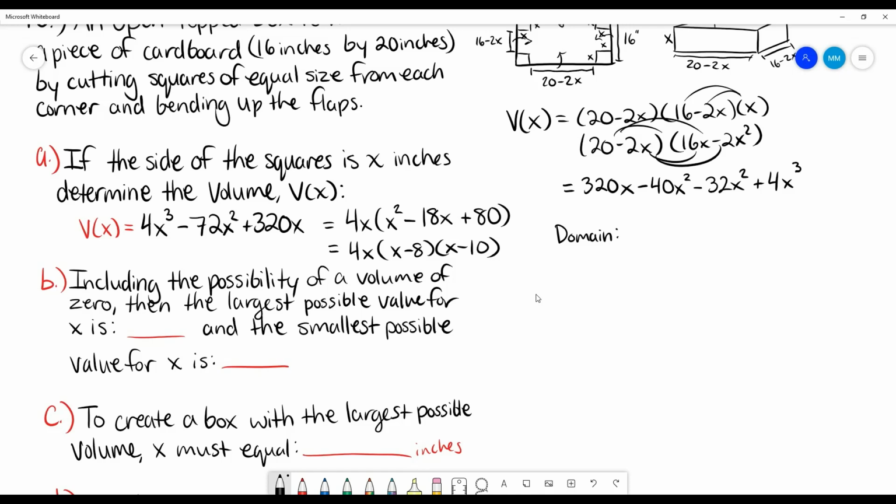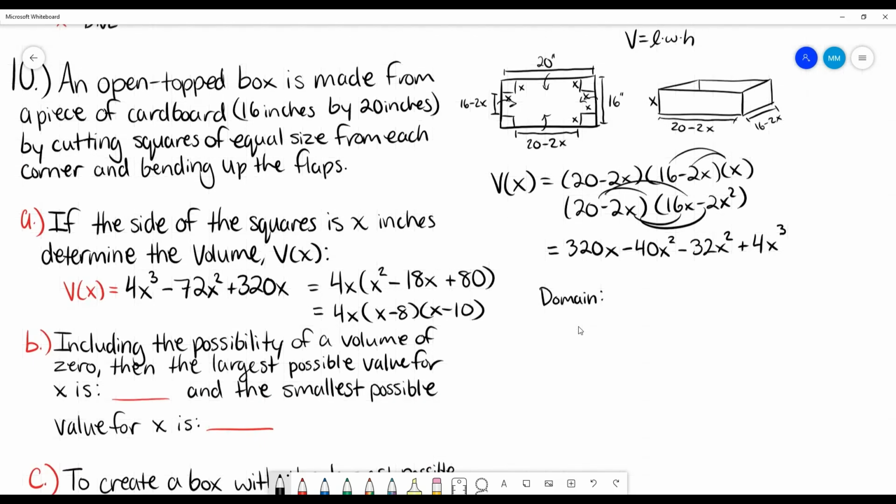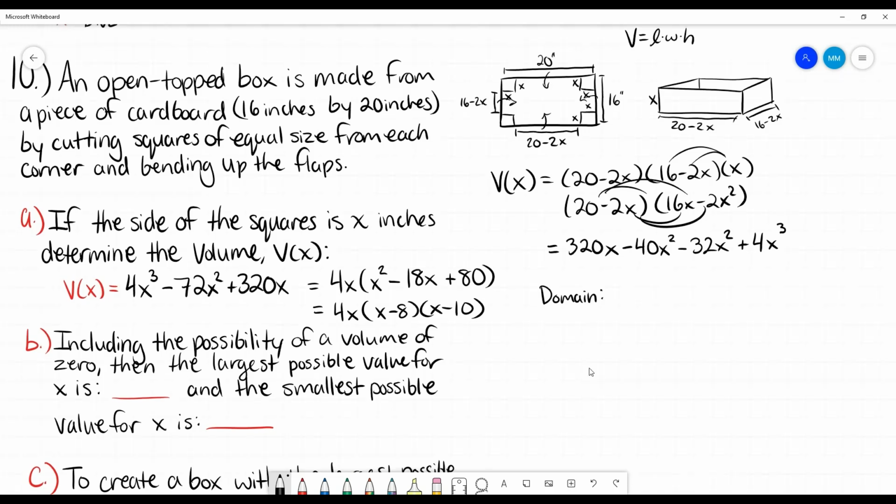Okay, so now to figure out our domain. If I just use logic, I know that my 2x can't be bigger than 16, because if 2x is bigger than 16, then I'm cutting further onto one side than I can, if they're all going to be equal sized squares.